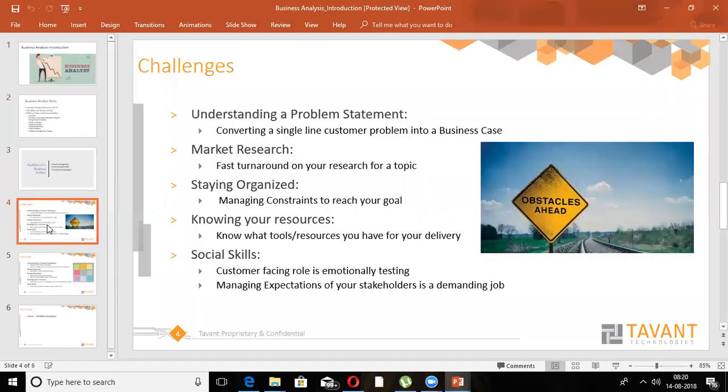So these are some of the challenges I've faced so far. I want to give you a bird's eye view before we get into the specifics. One kind of challenge a business analyst will face is the customer.